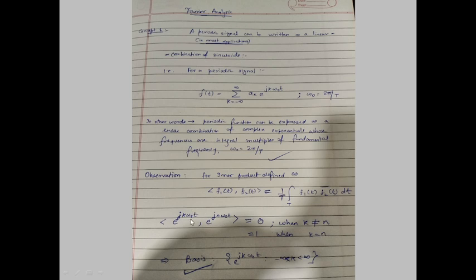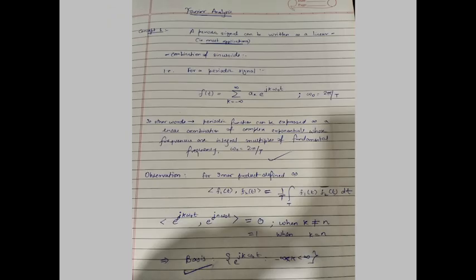Hence we have obtained a way to get the coefficients of each exponent, and hence we can express a periodic signal in terms of sinusoids of integral multiples which have basis as e to the power j k omega naught t.